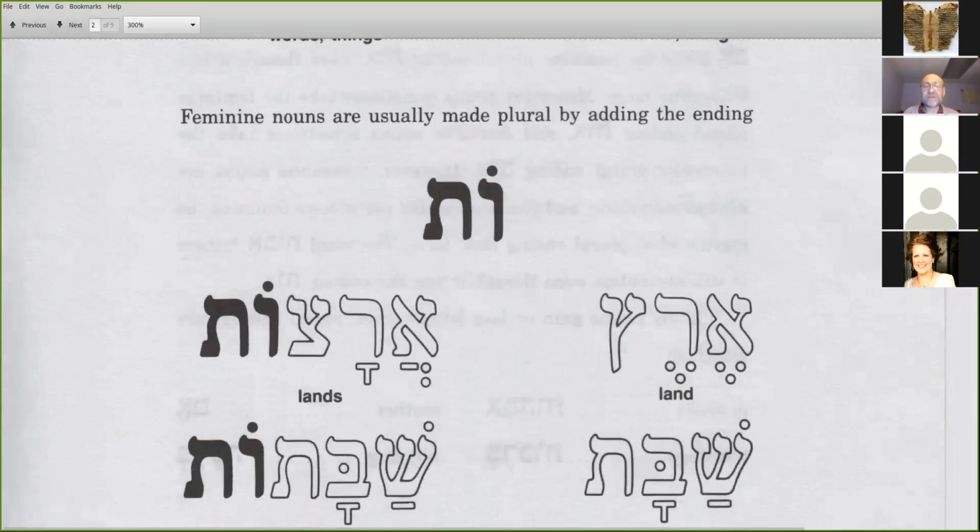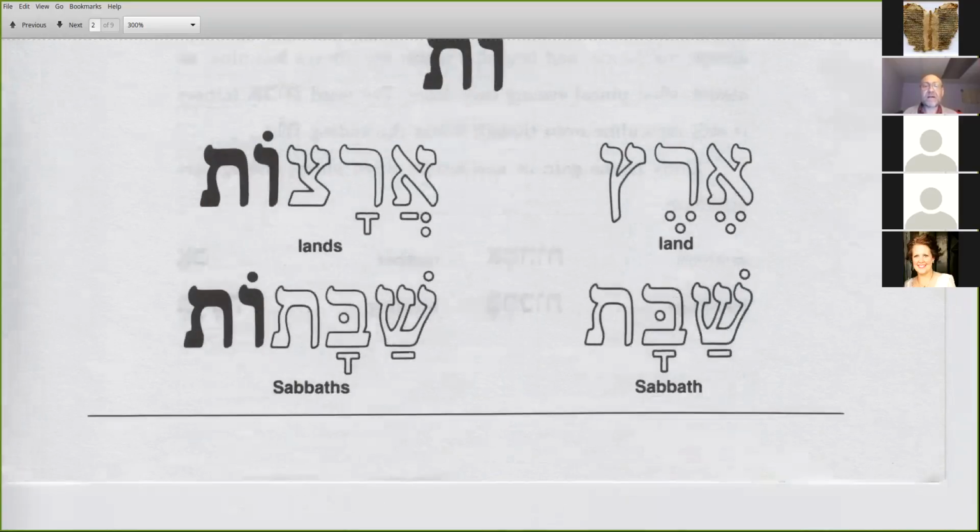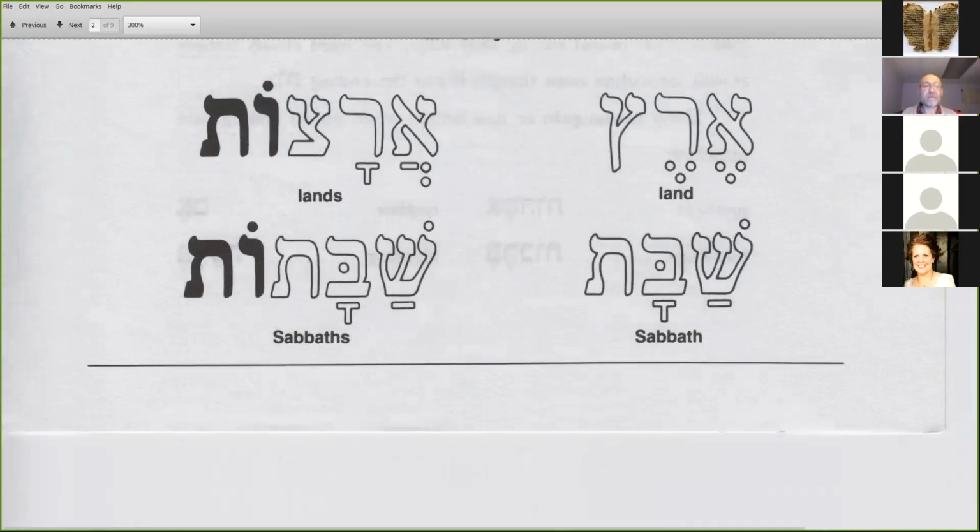Feminine nouns are usually made plural by adding the ending ot, holem, tav, suffix. So let's look here at this word here, eretz, land. But if we want to make it say lands, it's aratzot.